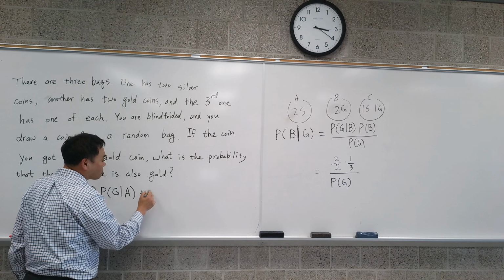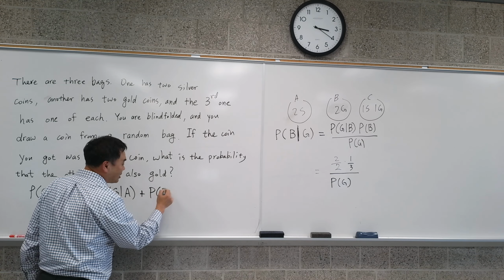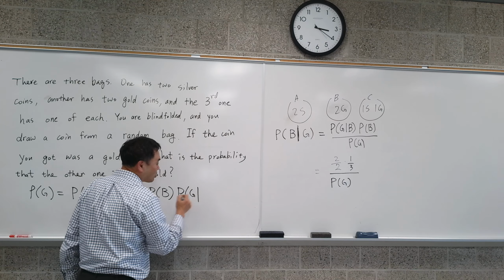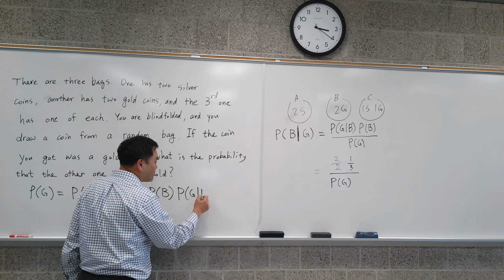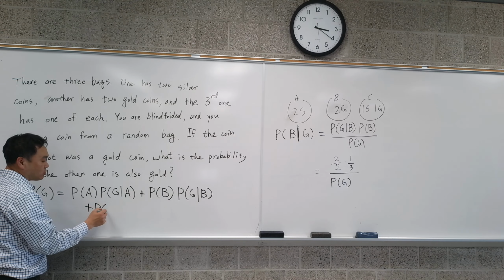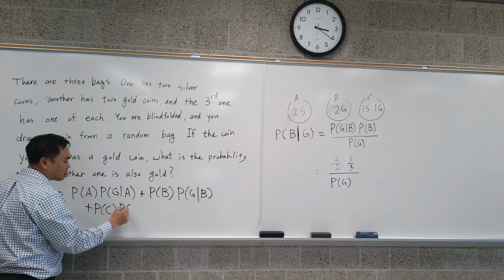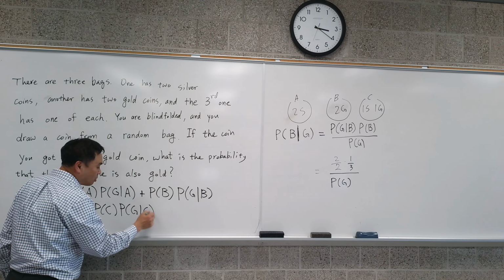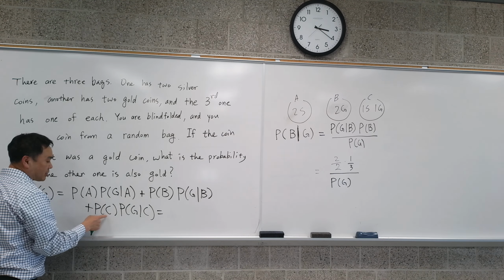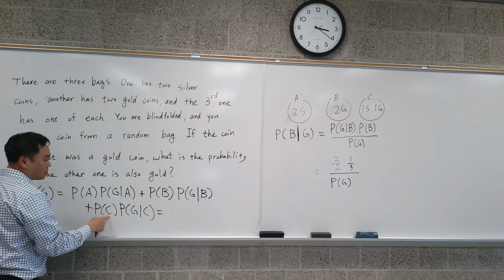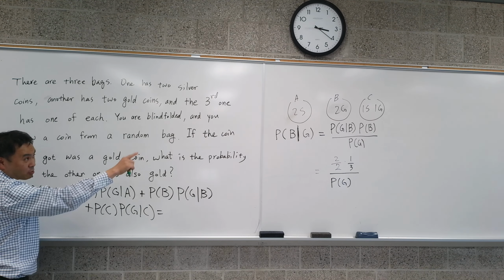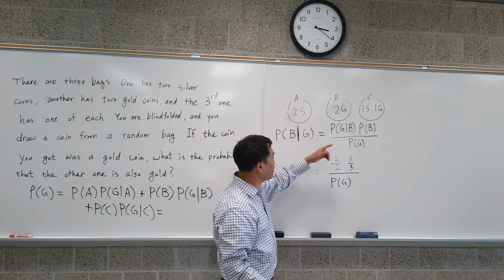But it could also have been that you chose bag B, and in that case you have to calculate the probability of getting a gold if you chose bag B, and then plus, if you chose bag C, you have to multiply the probability of getting gold if you chose bag C. Now, all of these are equally likely, so these are 1/3 each, but the probability of getting gold from bag A is 0 because there are no gold coins here.